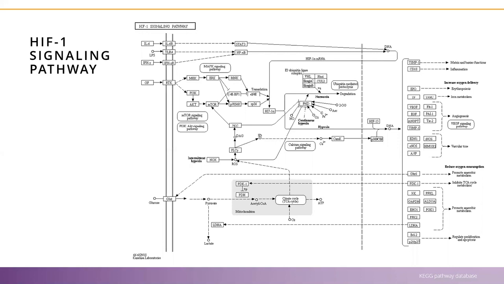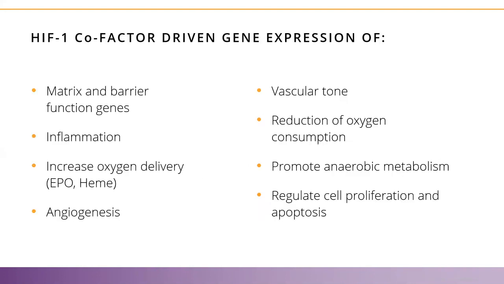Here is an image I stole from the KEGG database. The HIF1 signaling pathway, and as you can see on the right side, there are a lot of pathways related to genes that are being upregulated or regulated. I enlarge them, and you're basically talking about genes related to matrix and barrier functions, inflammation.